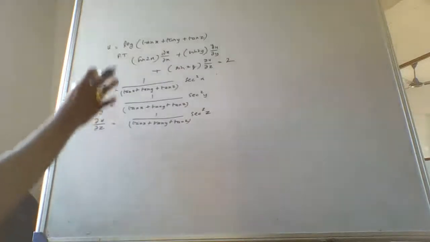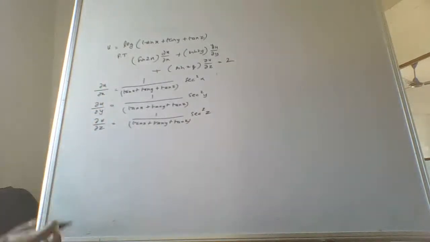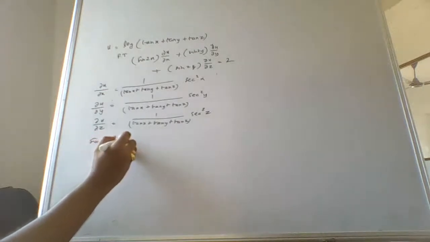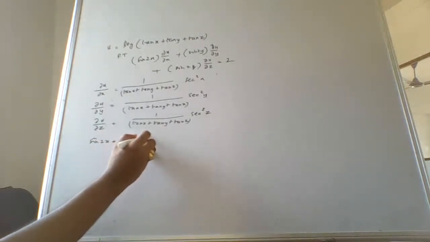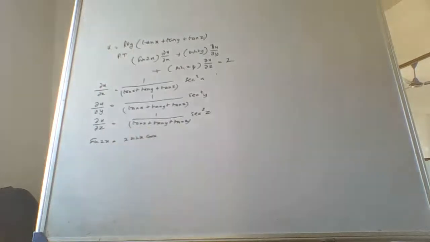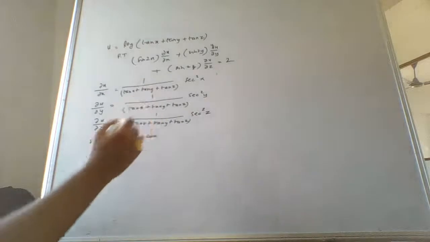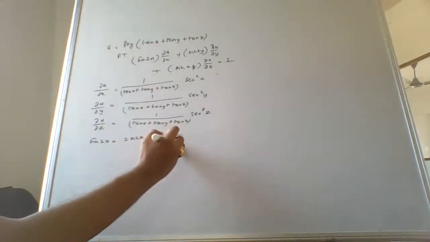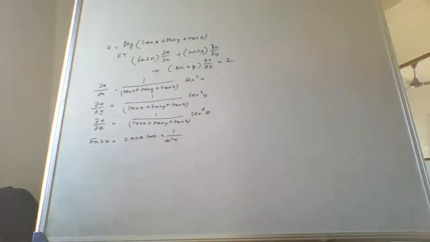Now put all these results in this. So what do I get? I will get sine square, and this is secant square. Now sine 2x is 2 sine x cos x. If I try to simplify it, here it is multiplied by cos square x.